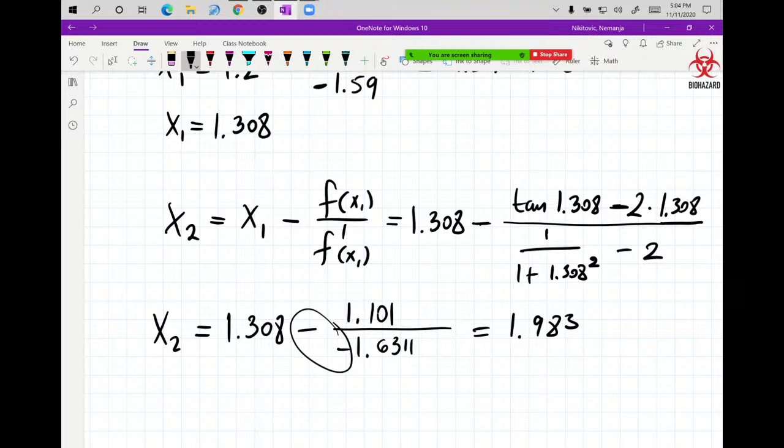So the top number is good, 1.101. Okay, probably the bottom number is what I got wrong. So when I do this division, and then I have 1 plus 1.308 squared.